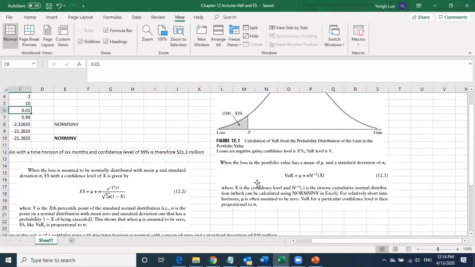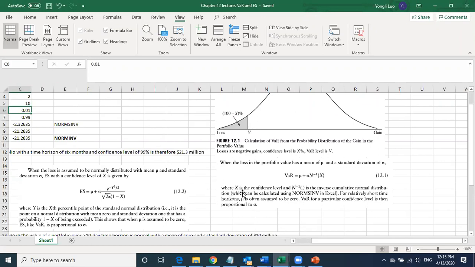So typically we can use the VaR, which is the equation in 12.1. When the loss in the portfolio value has a mean of mu and a standard deviation of delta, the VaR is going to be mu plus delta times the norm's inverse, N raised to the power of -1, of that probability x.